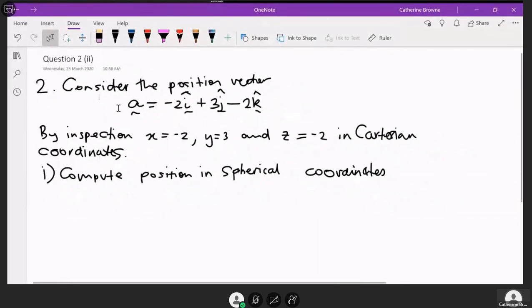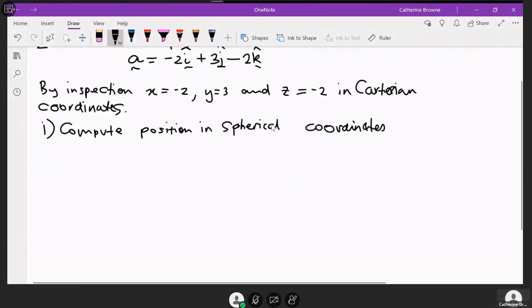So now I'm going to compute it again, but this time I'm going to do spherical coordinates. In spherical coordinates, the radius is given by the square root of x squared plus y squared plus z squared.